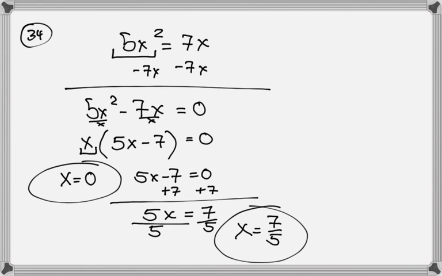Now, how about a problem? Hold on. How about this one? I'm making it up. x squared plus 2x equals 35. I hope it works. Solve.